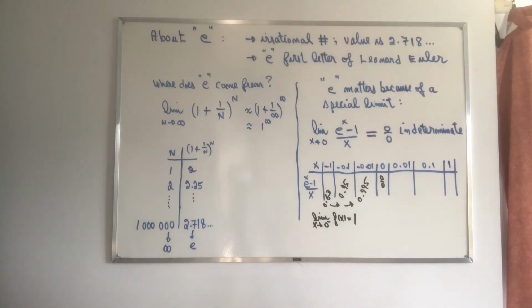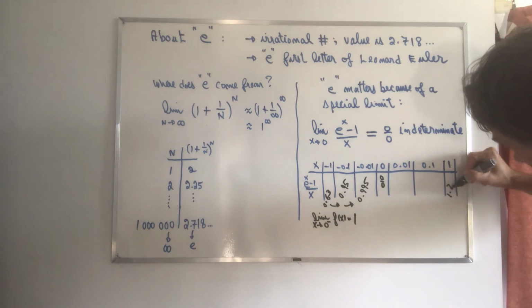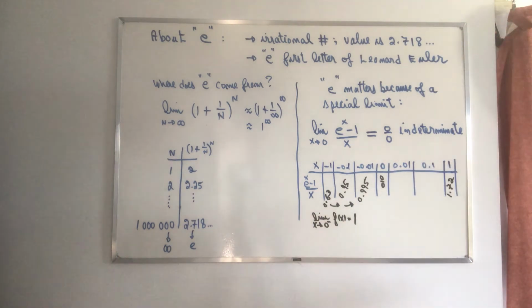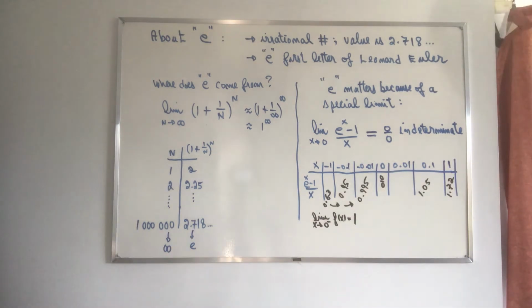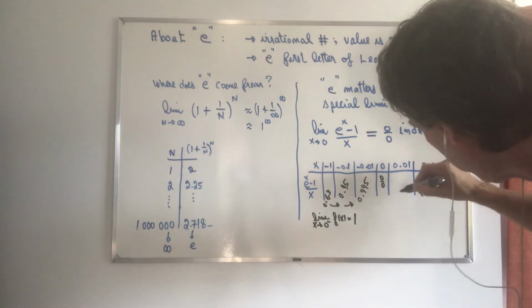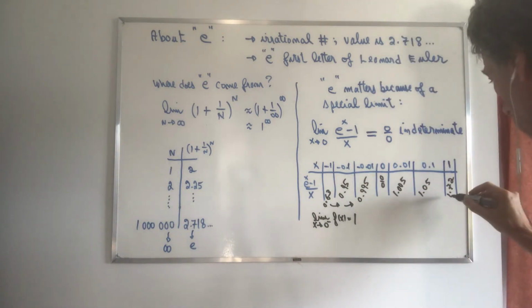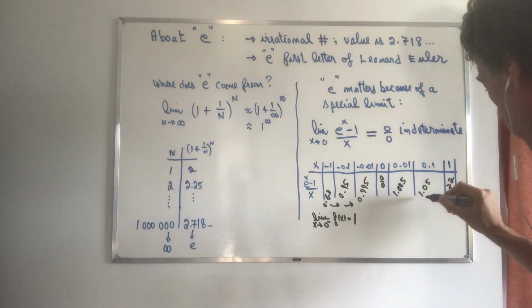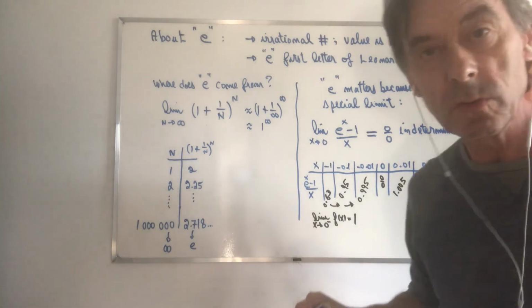And as for the other side, if you put in 1 here, you're going to get 1.72. If you put in 0.1, you're going to get 1.05. And if you put in 0.01, you're going to get 1.005. So looking at the transition, you're getting closer and closer to 1.